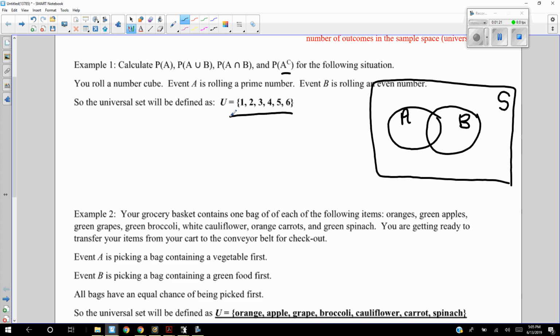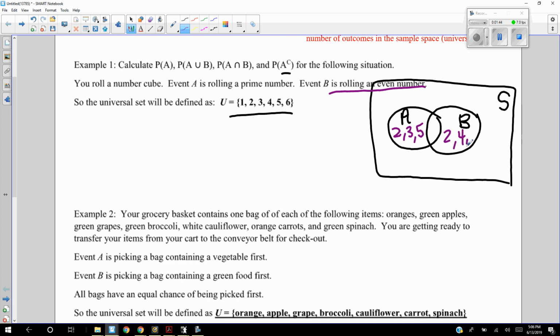So A is rolling a prime number from 1 through 6. So that's just numbers 2, 3, and 5 in circle A, because those are the prime numbers. Event B is rolling an even number, so that would be 2, 4, and 6.